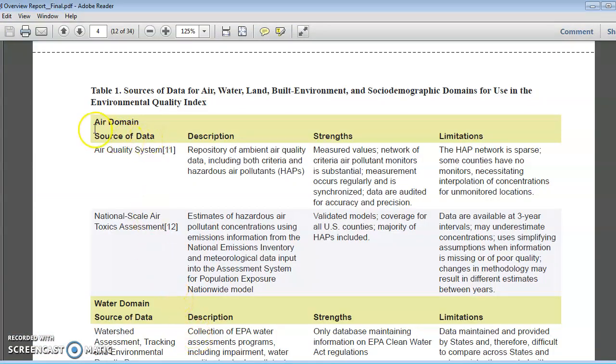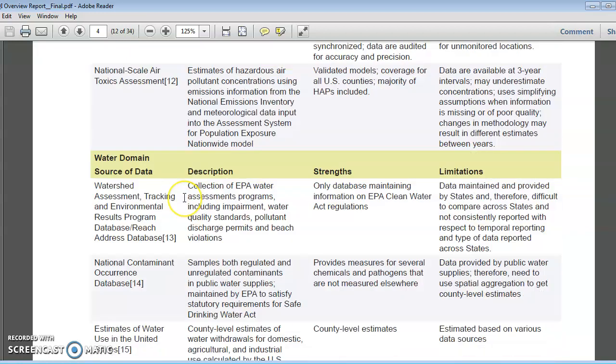Now see, for the air domain, these are the data sources: air quality system, then national scale air toxics assessment. So these are the various data sources, their description, strength, limitation. So this is for the air domain.